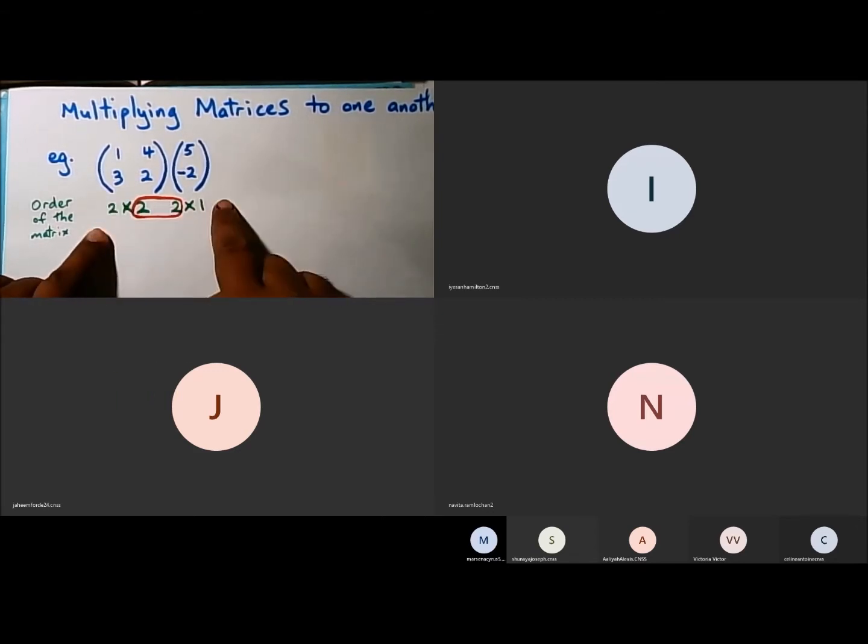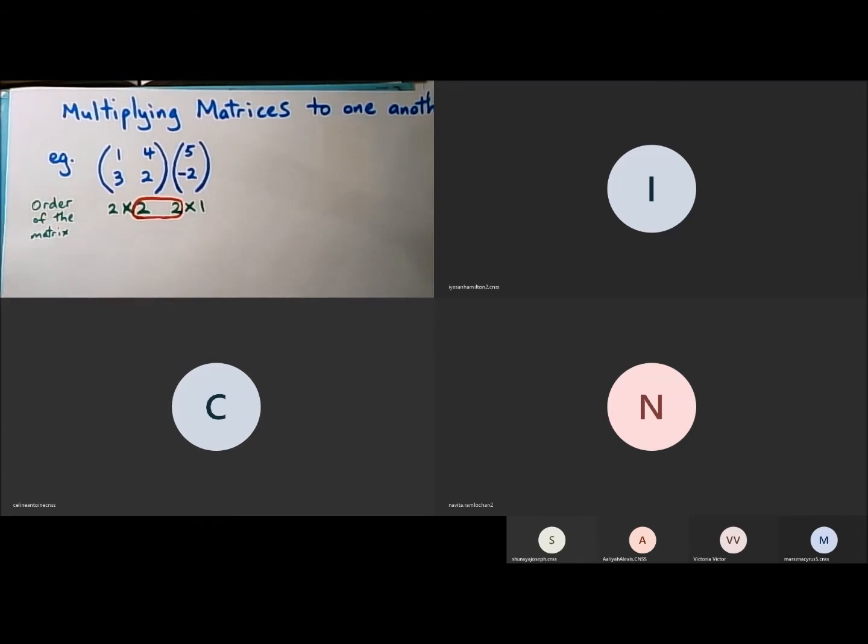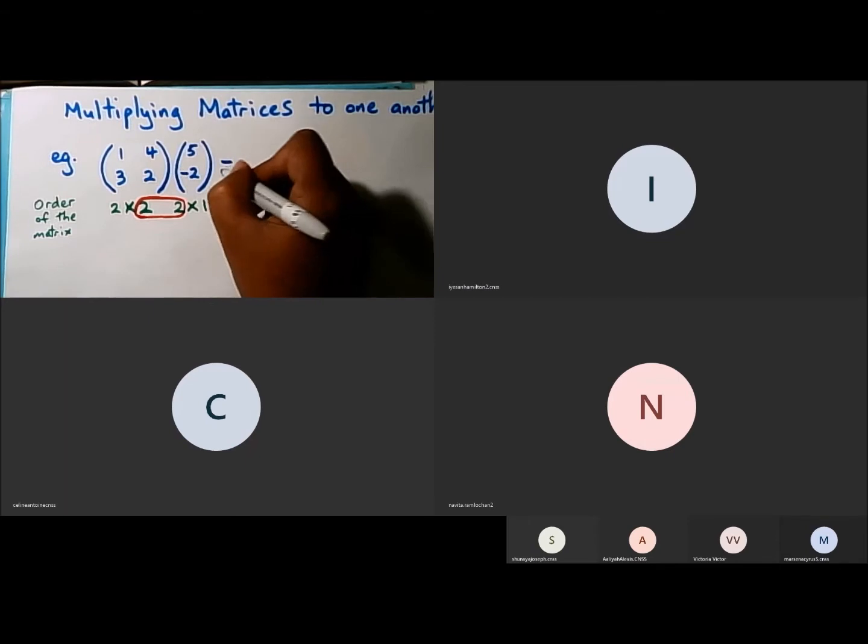As long as these two inside ones are the same, then we can work it out. So what we do next is we write a blank matrix. I'll explain.